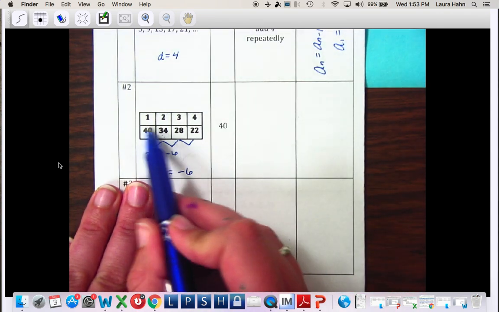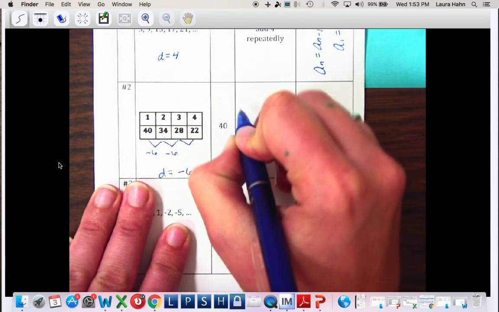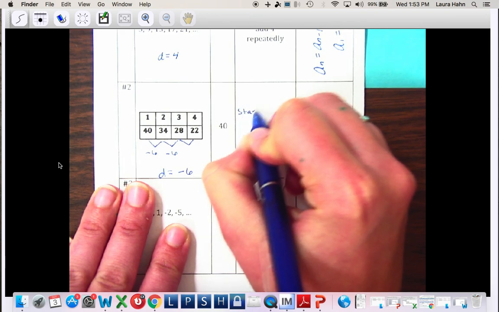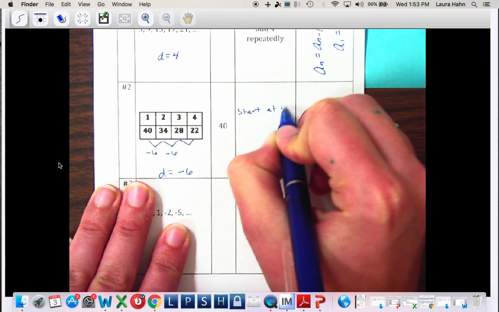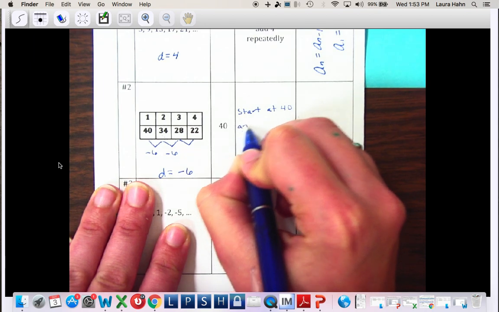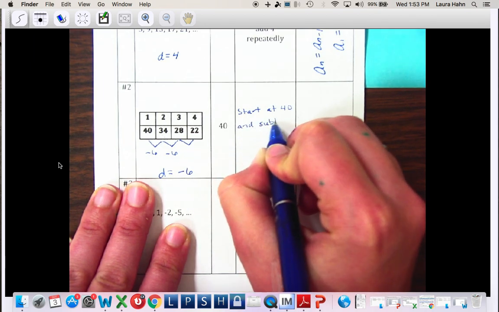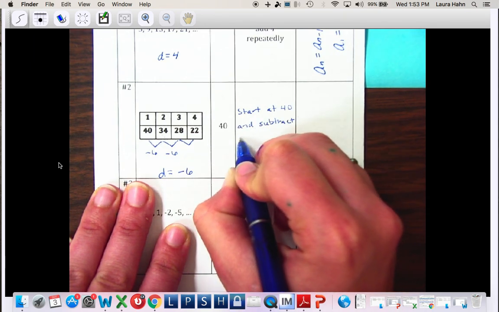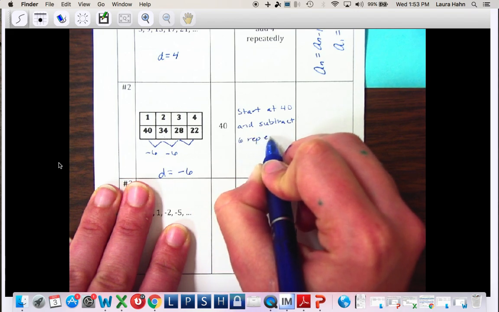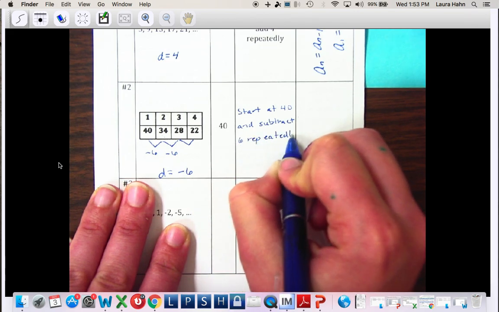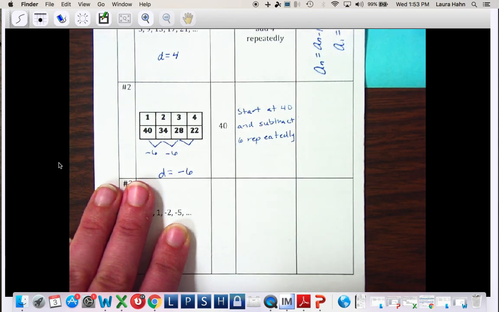I know we're starting at 40 and subtract 6 repeatedly. So that's what's happening in words.